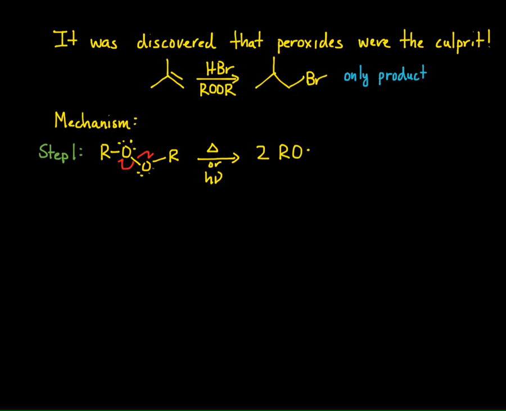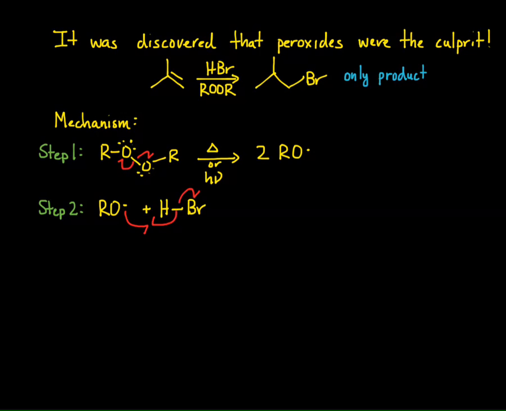So now what happens? Well, that peroxy radical obviously is fairly reactive. And so the second step involves the peroxy radical abstracting a hydrogen from HBr. And so we get the typical hydrogen abstraction, where the electron from the peroxy radical combines with one electron from that HBr bond, and you create an oxygen-hydrogen bond.